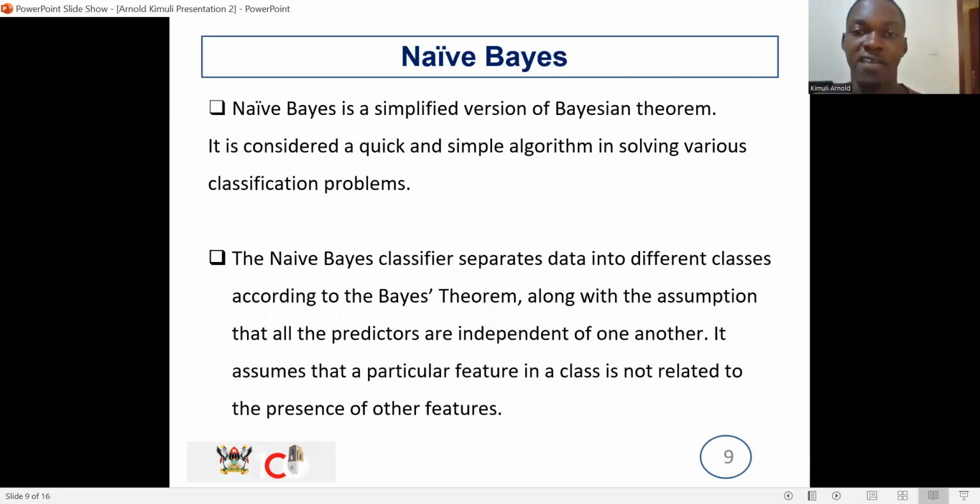Well, I move on to naive Bayes. Naive Bayes is a simplified version of Bayesian theorem. It is considered a quick and simple algorithm in solving various classification problems. It separates data into different classes according to the Bayesian theorem, along with the assumption that all predictors are independent of one another.